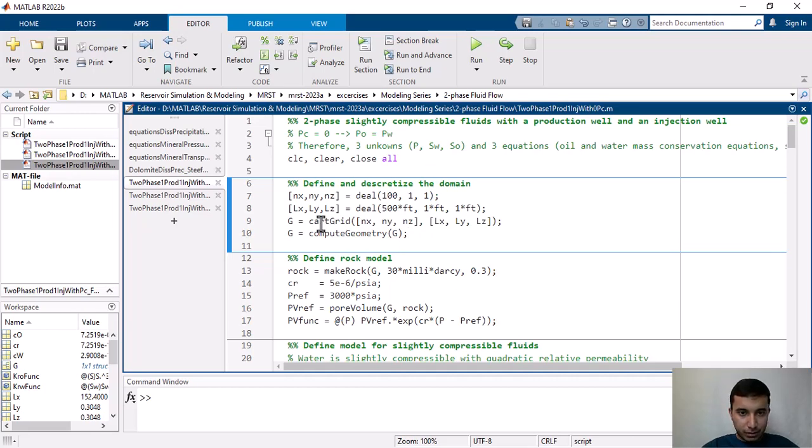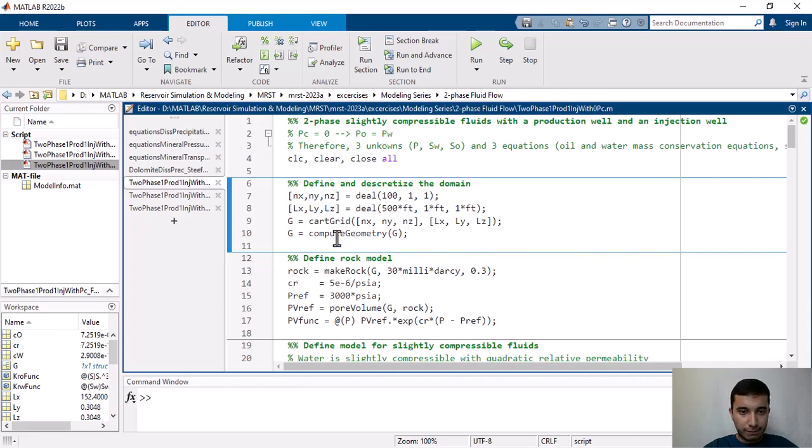In this section, we define the domain and discretize it. And I have specified the number of cells in each direction of the model. And here I have specified the lengths of the model in each direction, and use the function cartGrid in order to actually extract the information of the domain that I have, the discretized domain.